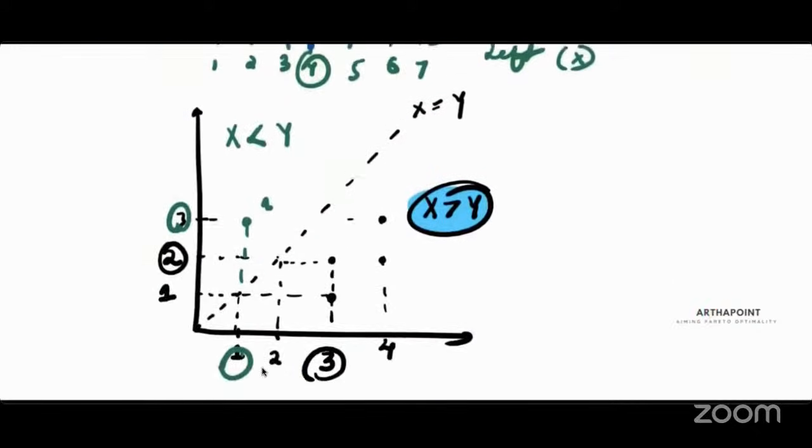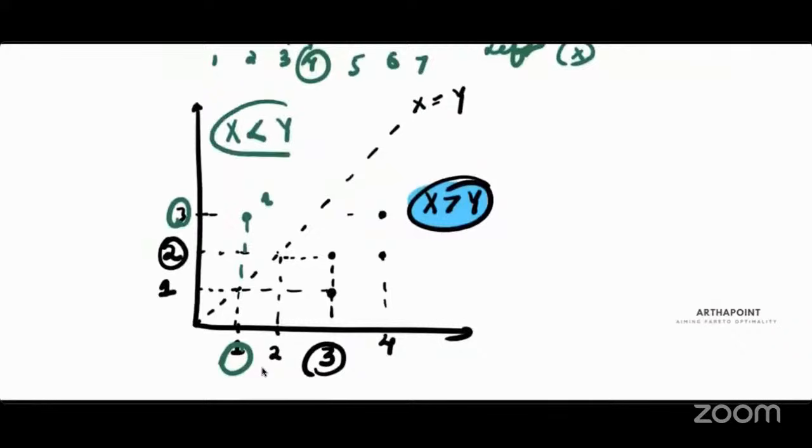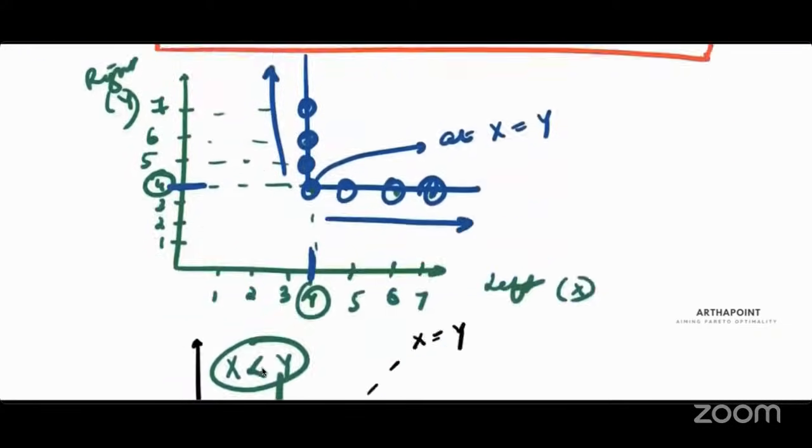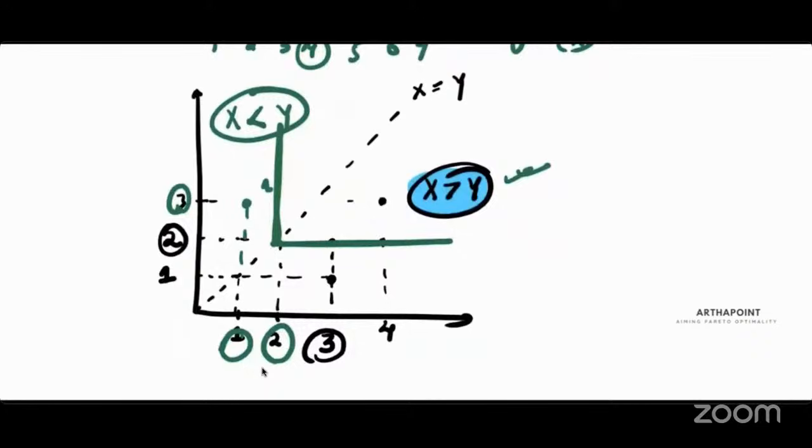So whenever x is less than y, which means in this zone, my utility is always the line of x. So I draw a line through x by holding x constant. Similarly, when x is greater than y, my utility is always derived from y. So I draw a line through y. And when x and y are equal, then it's just that point where I am on the kink.